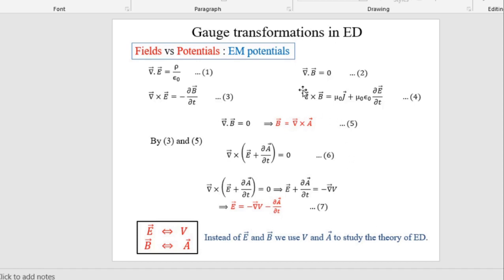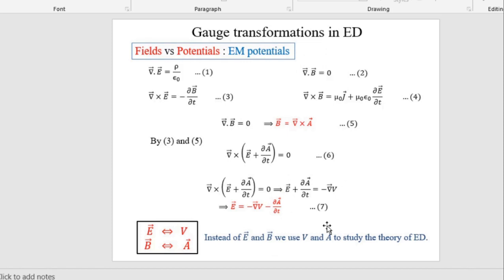Now regarding the present study, the gauge transformations in electrodynamics, we will be interested in these electromagnetic potentials V and A rather than the fields E and B, as we have already found that these gauge transformations are some kind of transformation of the electromagnetic potentials.